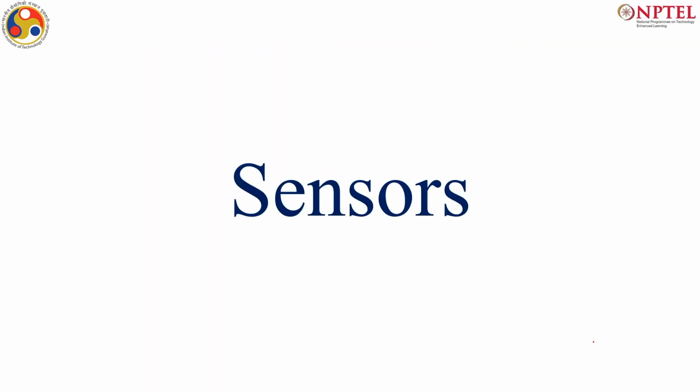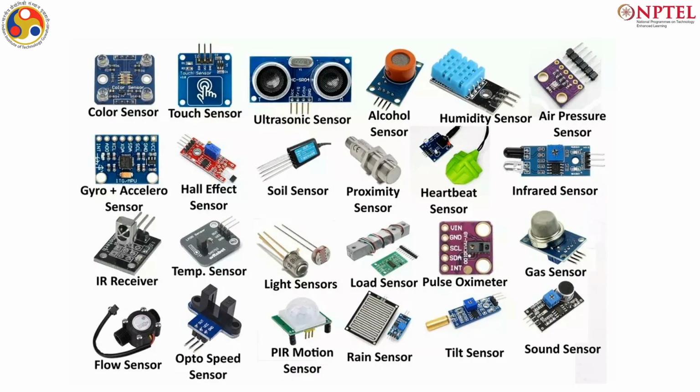So, we will start with sensors. I will not go into detail about sensors because this is not a sensors topic, but in general, today all the sensors which are available, or what you can see on the screen, are compatible with many microcontroller boards like Arduino or ESP, as well as signal processing boards, and most of them are digital sensors.